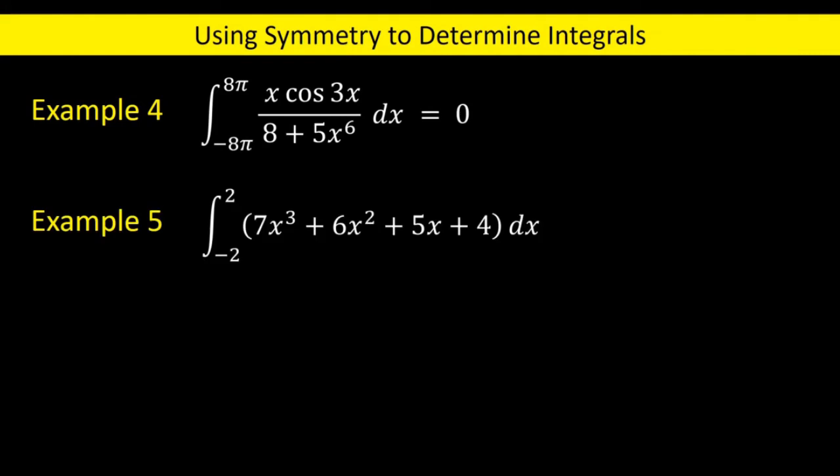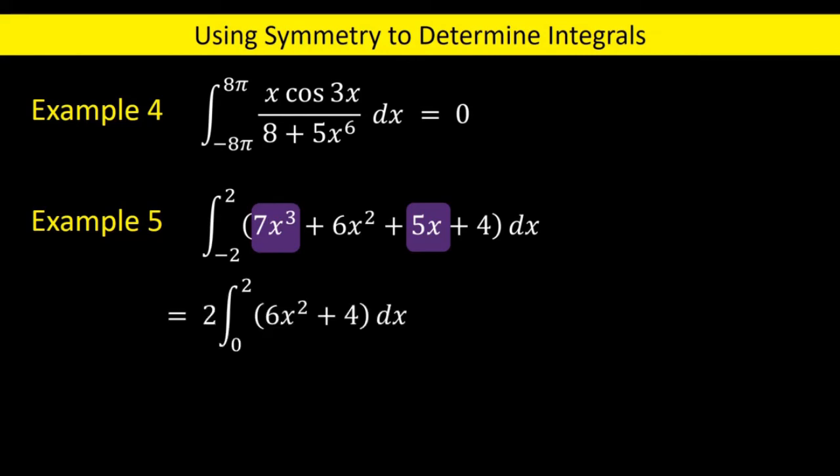Now here's a more typical example. Very useful to use symmetry. In this example, we're integrating a polynomial from minus 2 to plus 2. First, you can just ignore the terms with odd degree because they form an odd function. After deleting them, what's left is an even function.